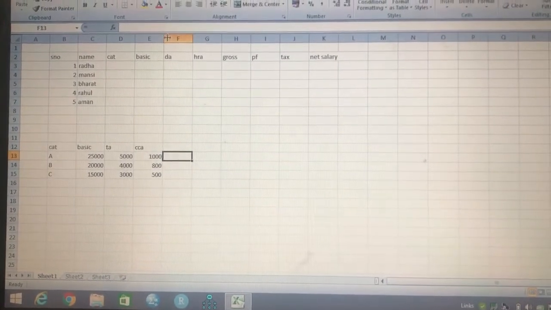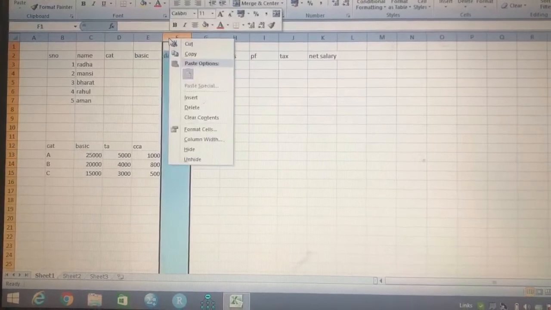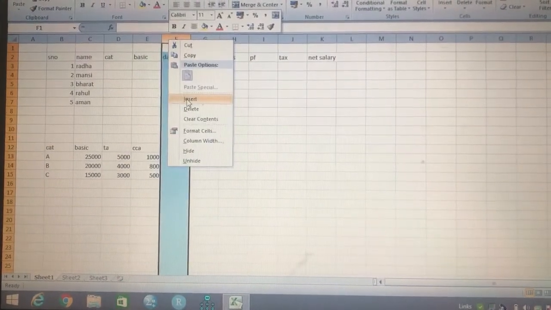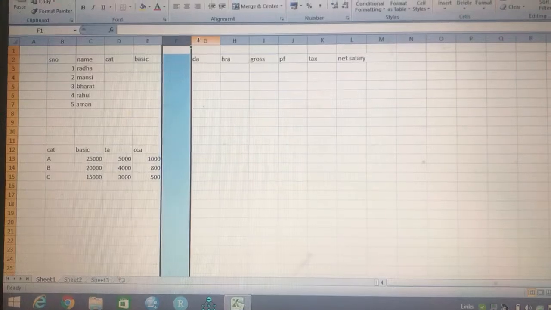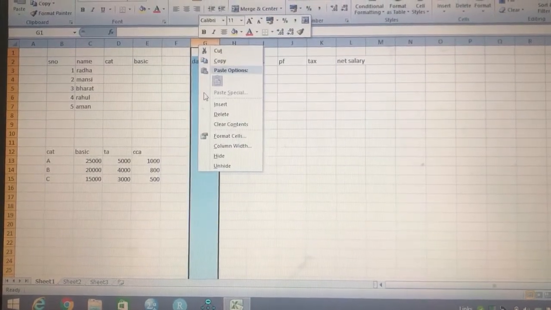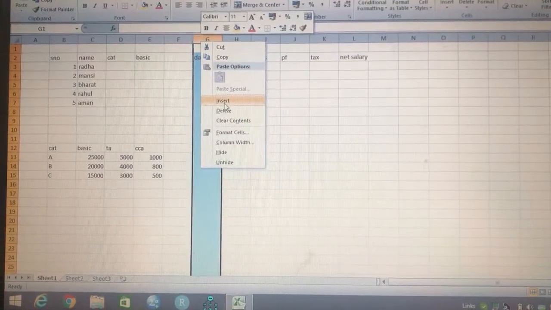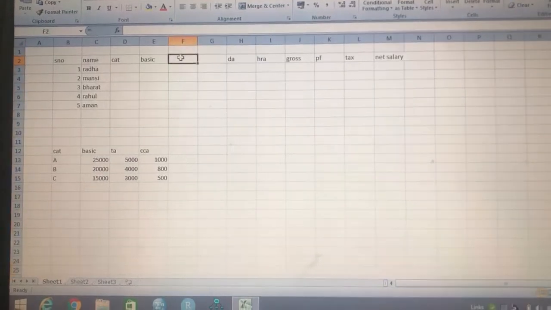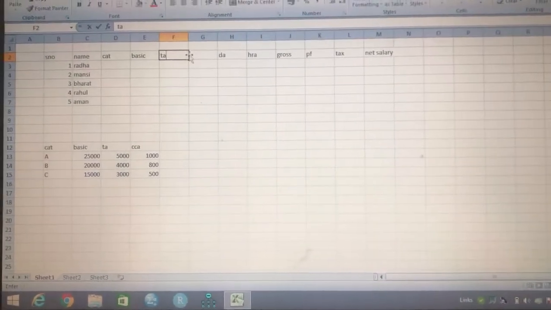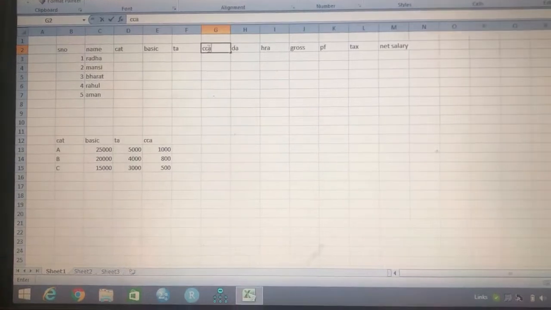Now we need to add certain columns. With the DA we need to insert more columns here for TA and CCA, right? Okay, so we inserted that, so that's for TA and that is for CCA.